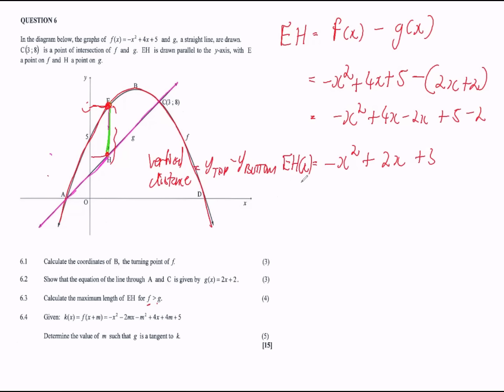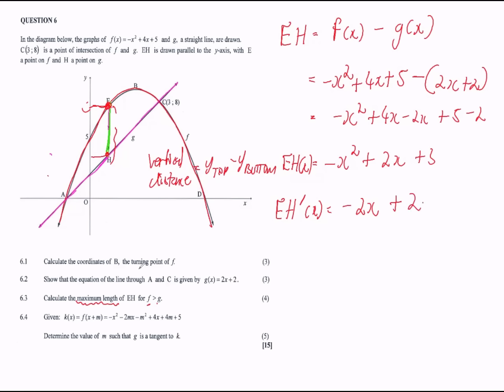So this is EH in terms of x. But we do know in calculus, once they speak about maximum or minimum, that's where we have to use the derivative, right? Remember, the maximum or the minimum points can be found when you do the first derivative. So we want to say EH prime of x. This is going to give me negative 2x plus 2.